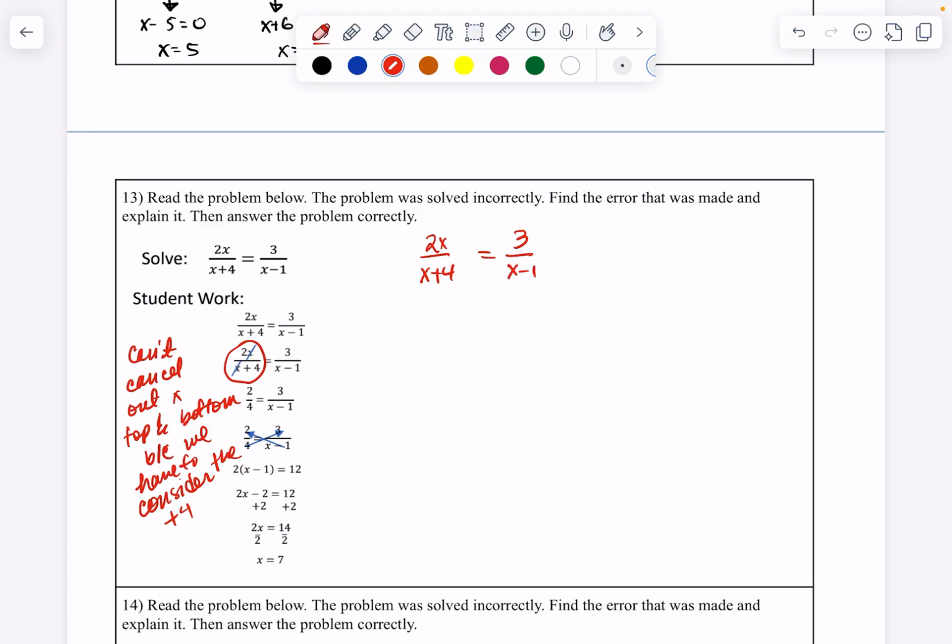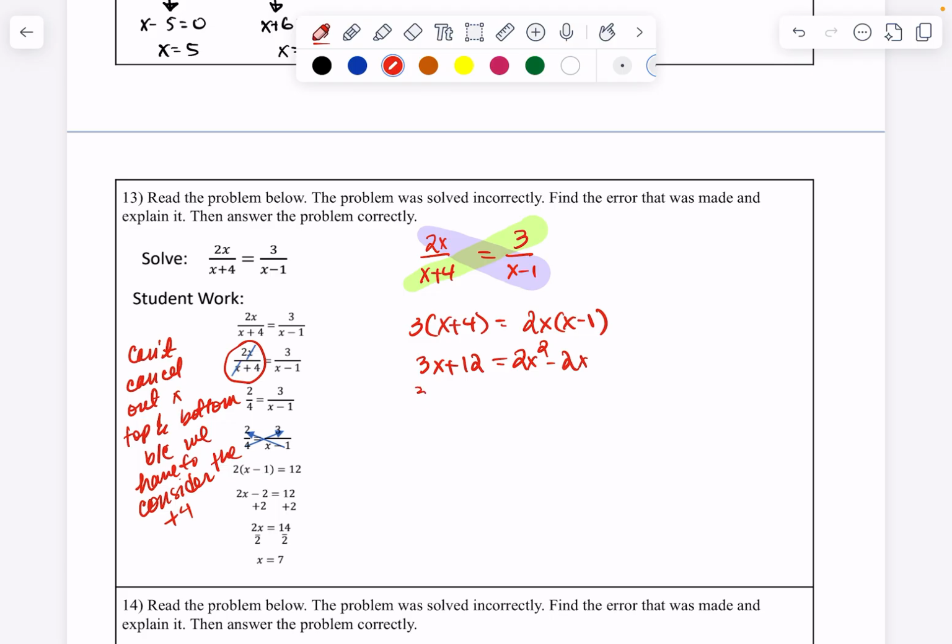So I'm going to multiply x plus 4 times 3 and 2x times x minus 1. So we have 3 times x plus 4 equals 2x times x minus 1. So we have 3x plus 12 equals 2x squared minus 2x. So for this one, I would have to make sure we set it equal to 0.